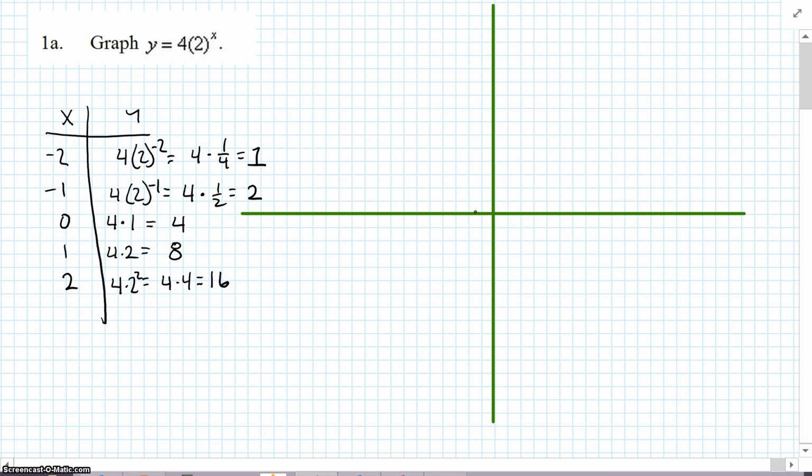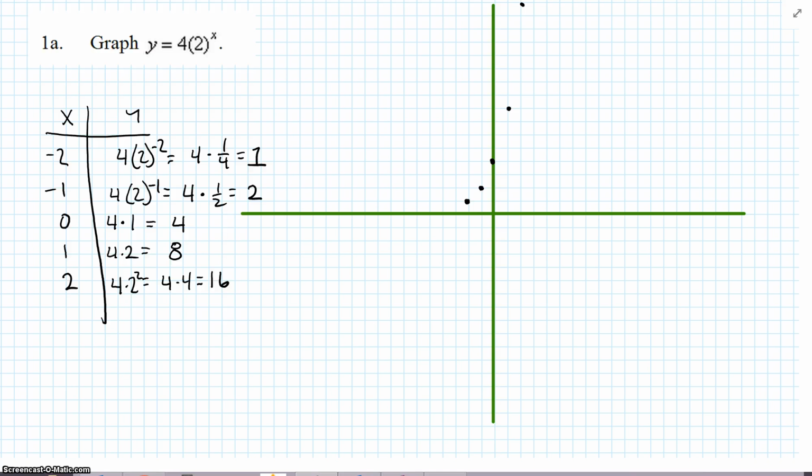So when x is -2, y was 1. When x was -1, y was 2. When x was 0, y was 4. When x was 1, y was 8. And when x was 2, y equaled 16.